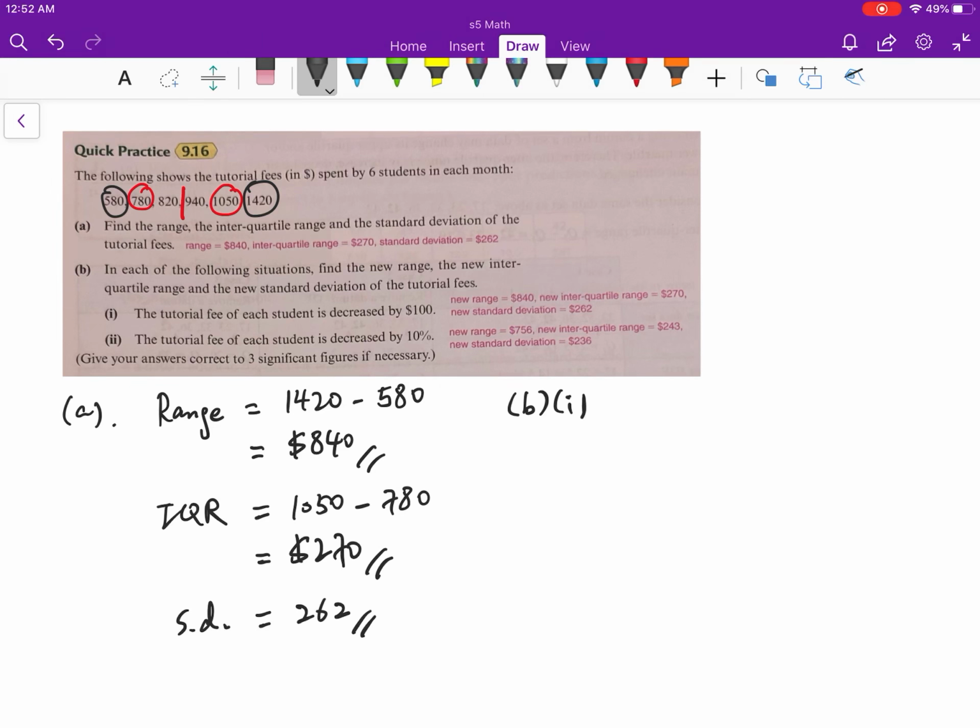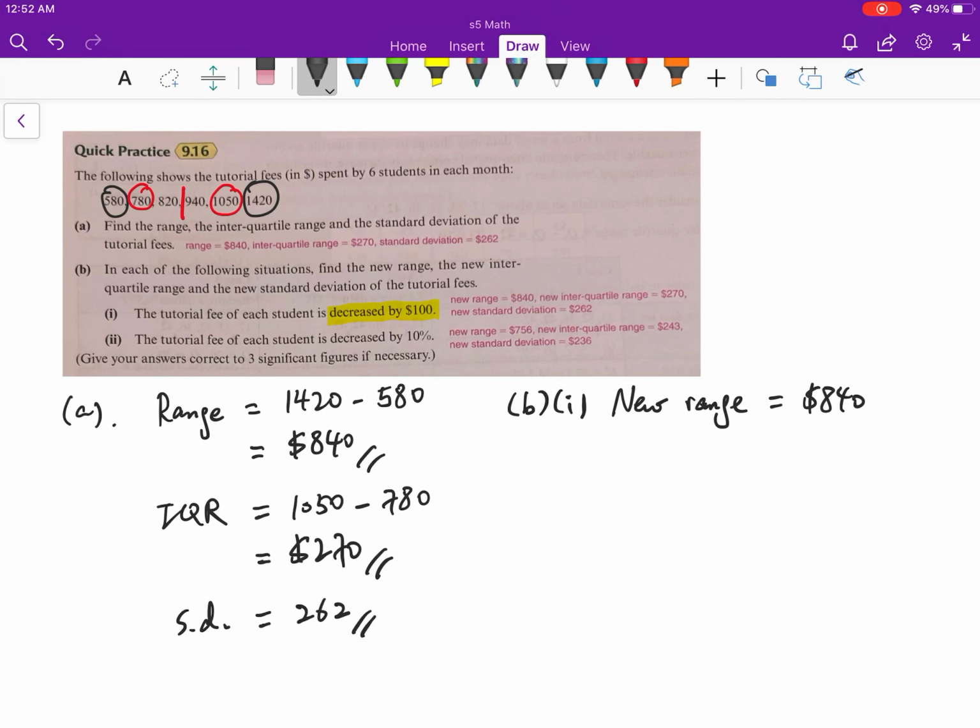So now we do B1. Find a new range, new IQR and SD for the following situations. First, the tutorial fee is decreased by 100. So it's simply like you minus 100 from those data, right? Then the range, IQR and SD will not change.